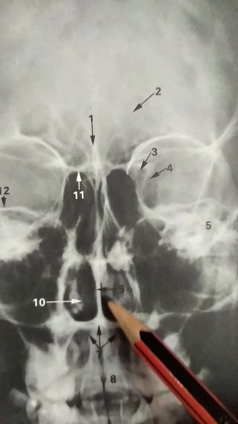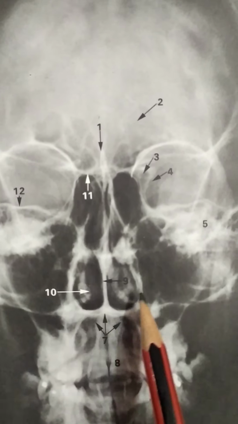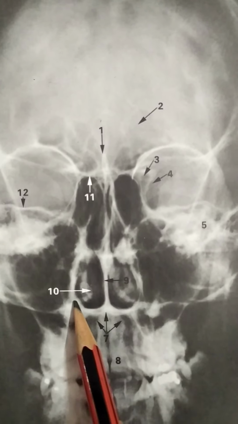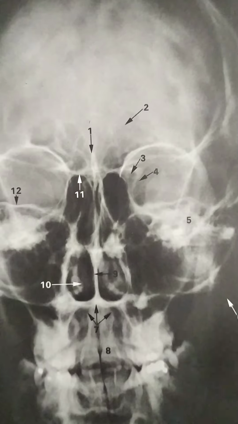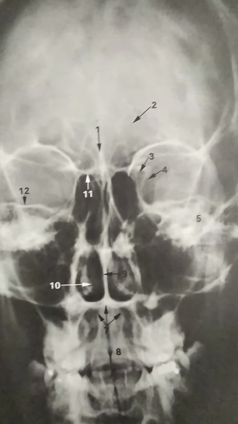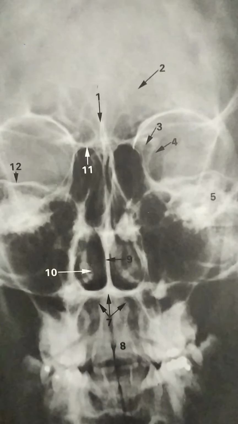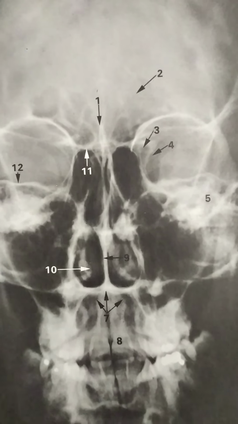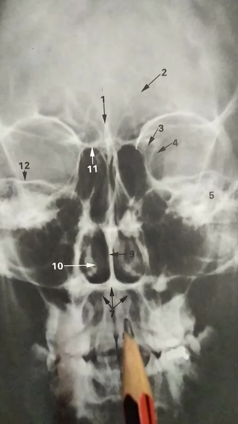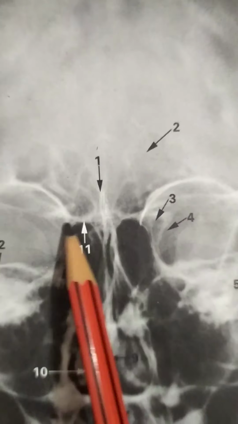Point number 9, as already mentioned, is the nasal septum, while the point number 10 corresponds to the inferior nasal concha. There are 3 nasal conchae present on the lateral nasal wall, the superior, middle and inferior. The superior and the middle nasal conchae arise from the ethmoid bone, while the inferior nasal concha is a separate bone.